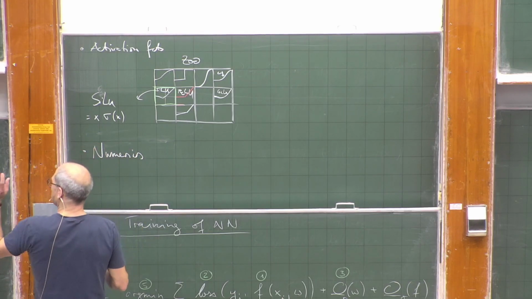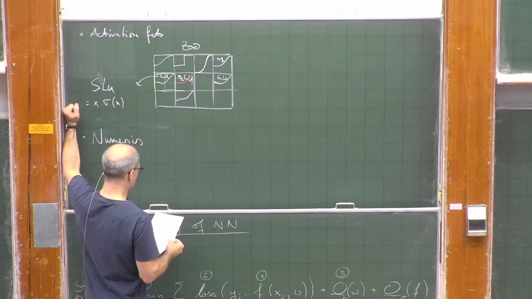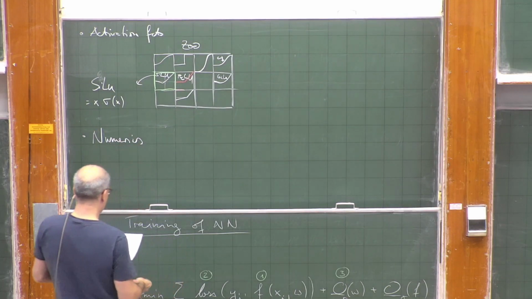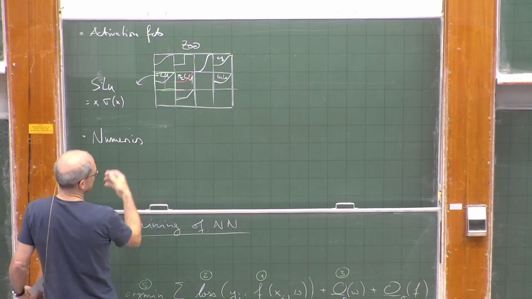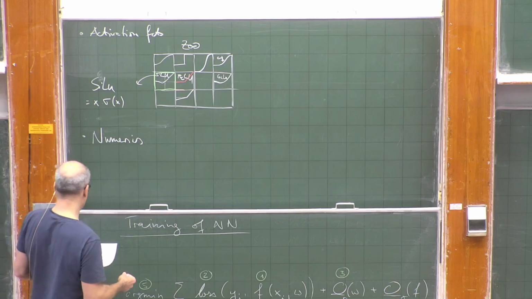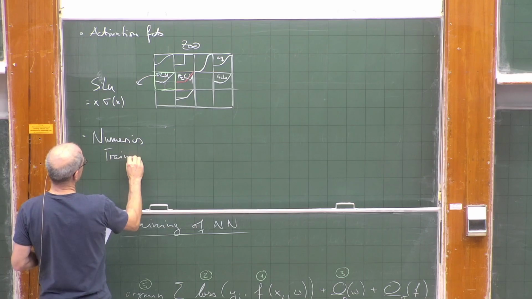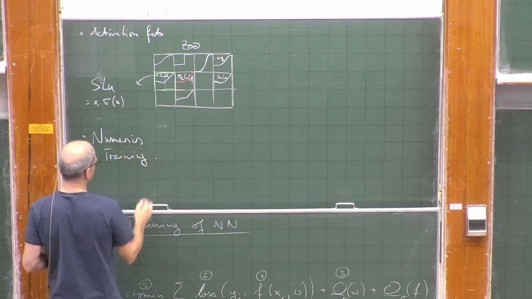So even once we have settled on an architecture, on an activation function, and so on, we need to decide how precisely we want to represent all numbers. A frequent choice would be to use higher accuracy in training.